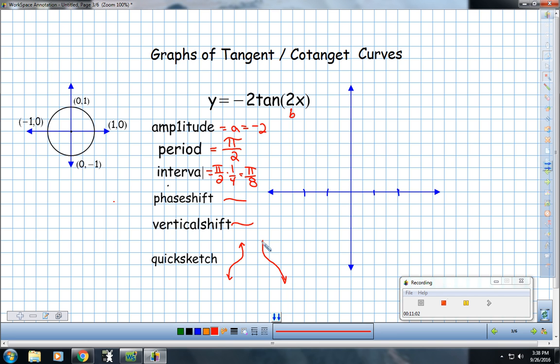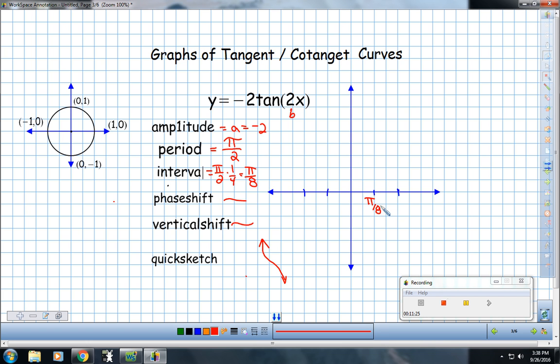So basically, the negative tangent curve looks like a cotangent curve. Hopefully that makes sense. Okay, so our intervals are pi over 8.